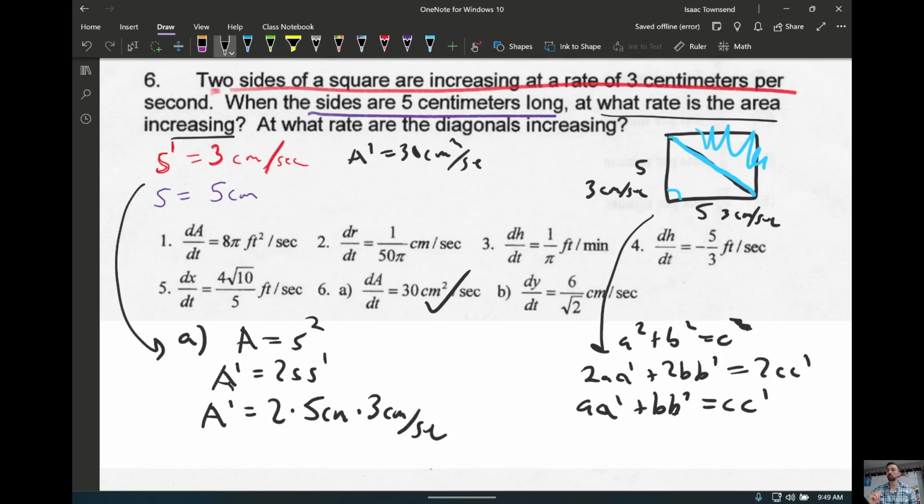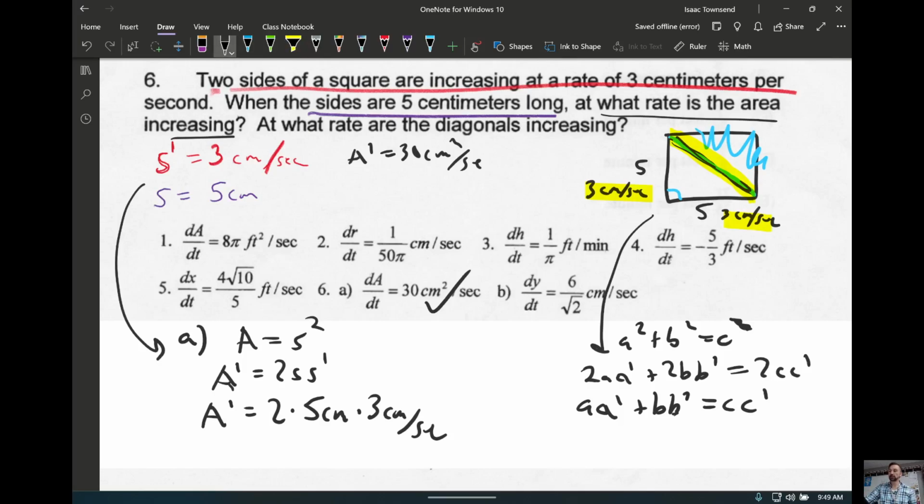Because if the two that make the right triangle were increasing, then all four of them would have to increase in order for it to be a square. That's correct. But even if all 4 are increasing, why would that change the diagonal? As this one changes and this one changes, the diagonal is going to change, right? So the other sides are changing too, okay, but the diagonal is still changing.